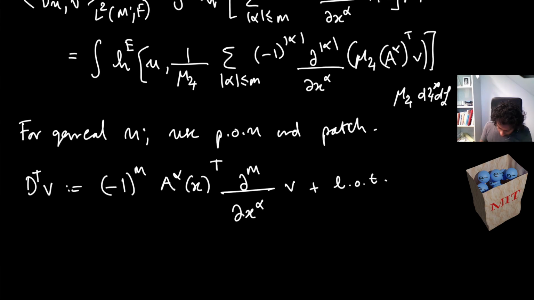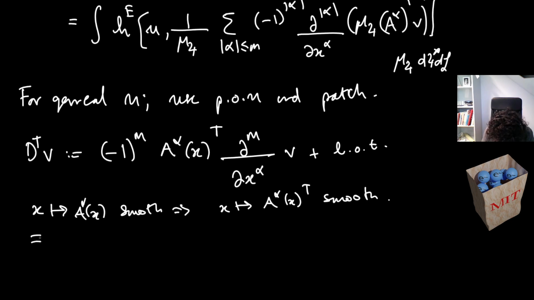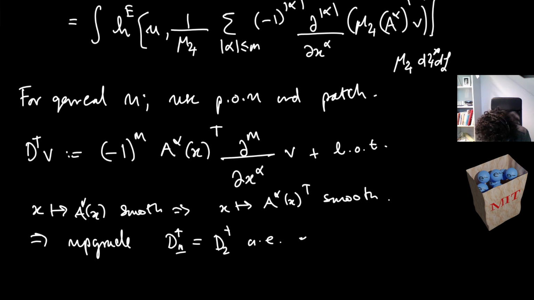So now, the A's here, the x maps to A_α(x) was smooth, which means that x maps to A_α(x) transpose is smooth. And so we can upgrade, that means we can upgrade the D_α^1 equals D_α^2 almost everywhere to everywhere.